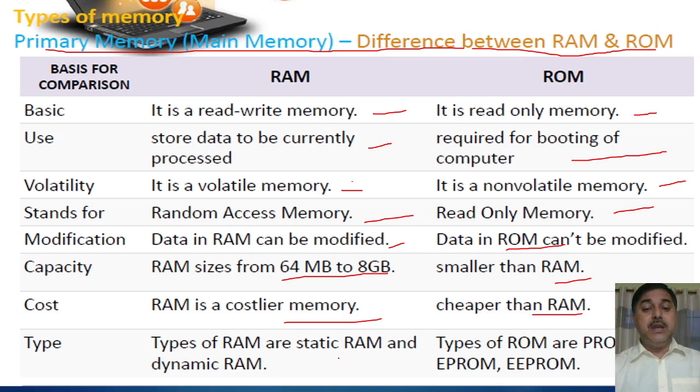RAM we can divide into static RAM and dynamic RAM. ROM we can divide into PROM, programmable ROM, EPROM, erasable programmable ROM, and EEPROM, electrically erasable programmable ROM.